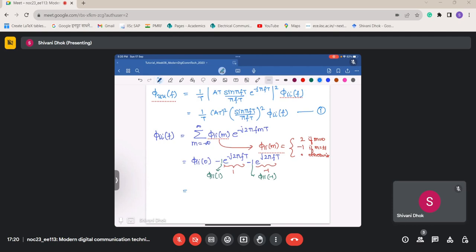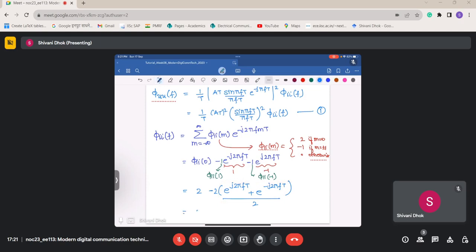Now phi_I(0) is 2, minus, I can take outside, e^(j2πfT) plus e^(-j2πfT). Let's multiply and divide by 2. Now this quantity is simply cos(2πfT).